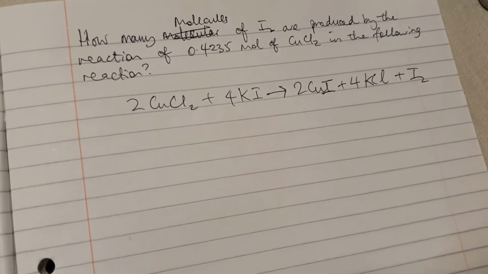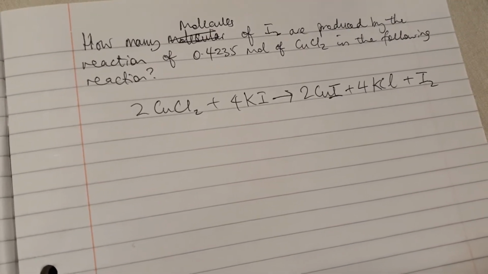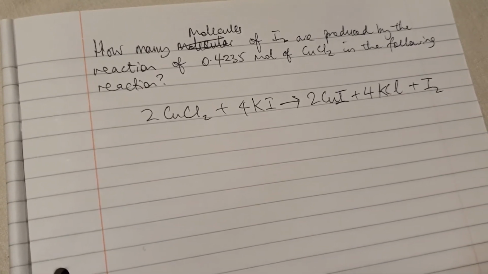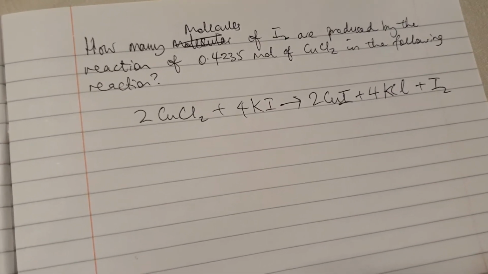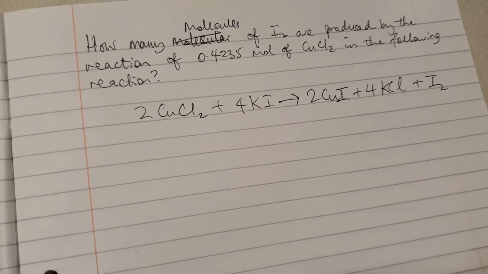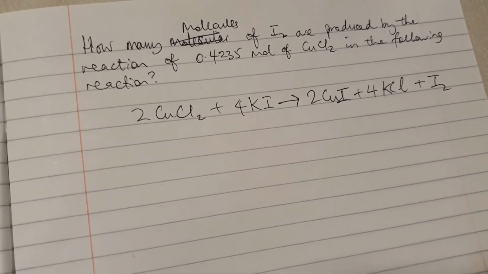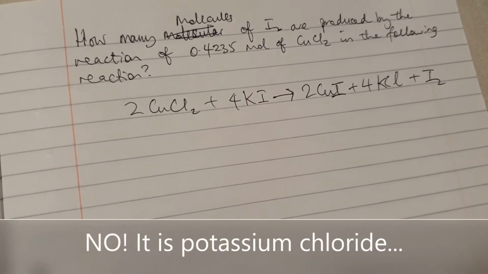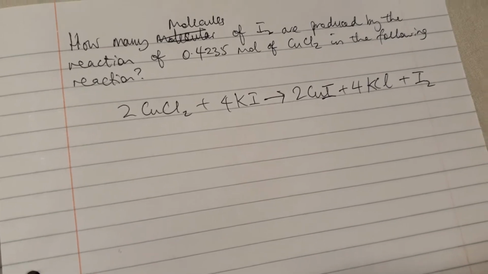1 mole of I2. So basically, how many molecules of diatomic iodine gas are produced by the reaction of 0.4235 moles of copper chloride in the following reaction? You've got 2 moles of copper chloride plus 4 moles of potassium iodide. React those two reactants, producing 2 moles of copper iodide and 4 moles of potassium chloride and 1 mole of iodine gas.